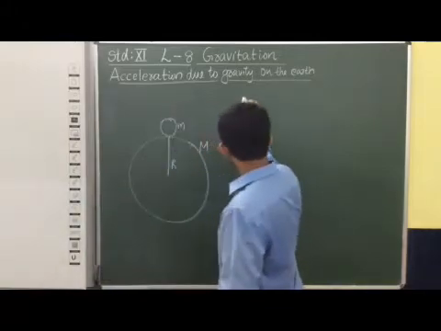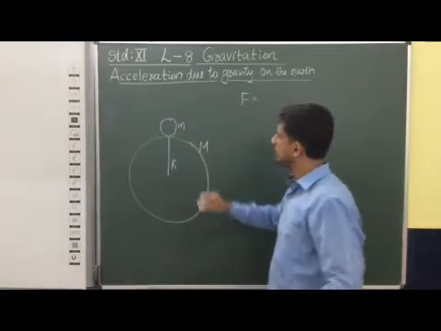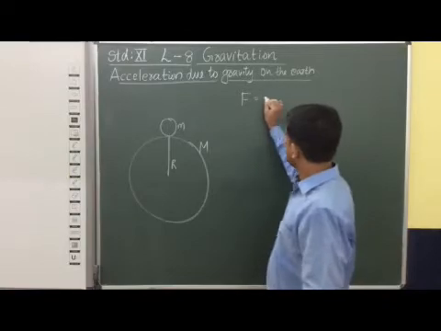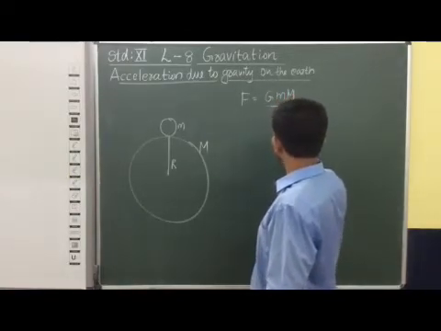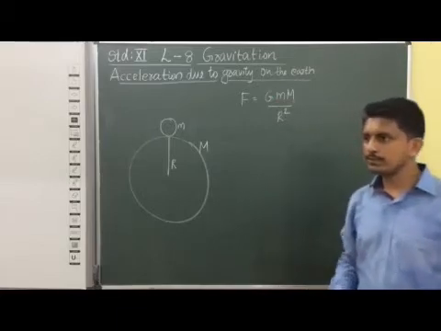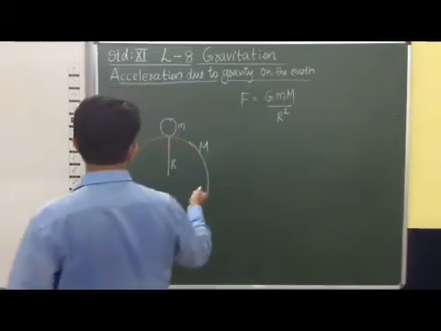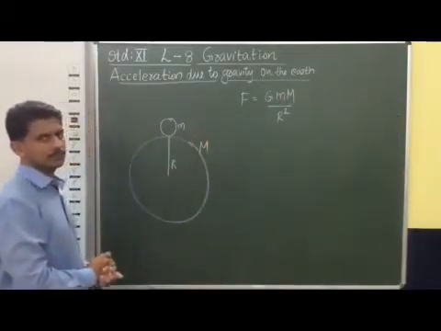So we can represent the gravitational force as F is equal to G M m divided by r square. This is how we represent the gravitational force between the earth and the object.